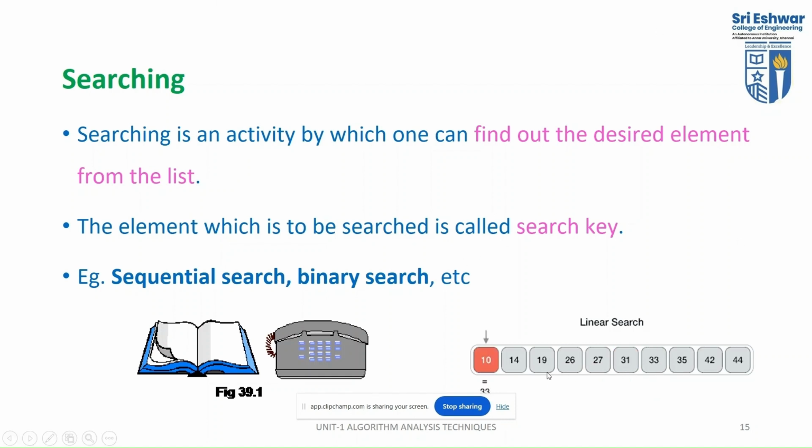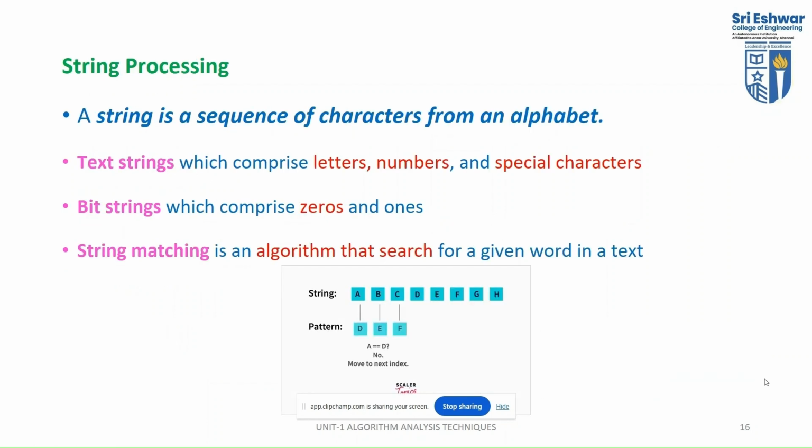In case of linear search, we will have a list of elements, and in this list we will be searching for an element, starting from the first element in order till the end of the list or the end of the array. If the element is found, the element will be returned and the output will be printed as the search is successful. If the element is not present, then the output will be printed as the search is not successful.